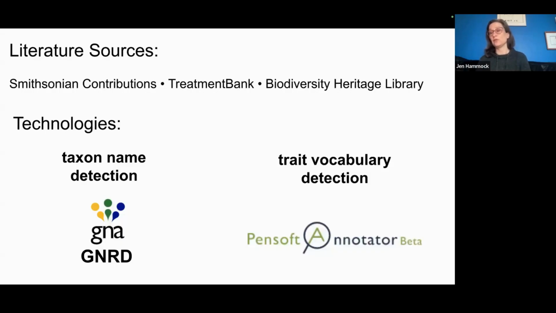So things from the OBO Foundry or any other vocabulary you want to use, you can load your vocabulary in and put it in this tool which is called the Pensoft Annotator. We don't use the Pensoft Annotator anymore. We found that we had specific needs, and our own garage code meets those needs better. But the PA was a really nice on-ramp into detecting ontology terms in text.